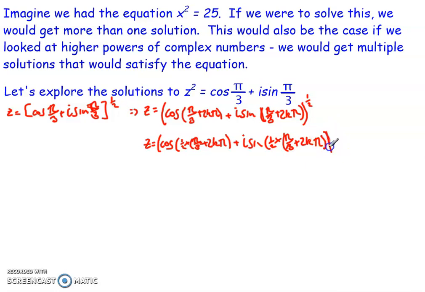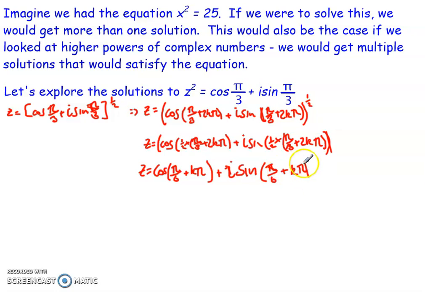So what I then do is multiply in these brackets and simplify, and then look for my k's and use them to get my solutions. So my solutions for z are given by cos of pi over 6 plus k pi, plus i times sine of pi over 6 plus k pi.